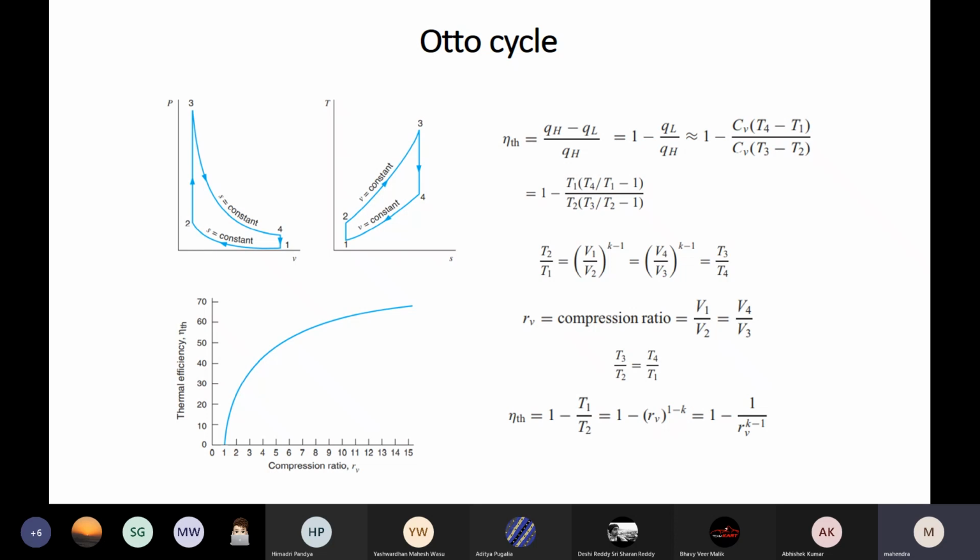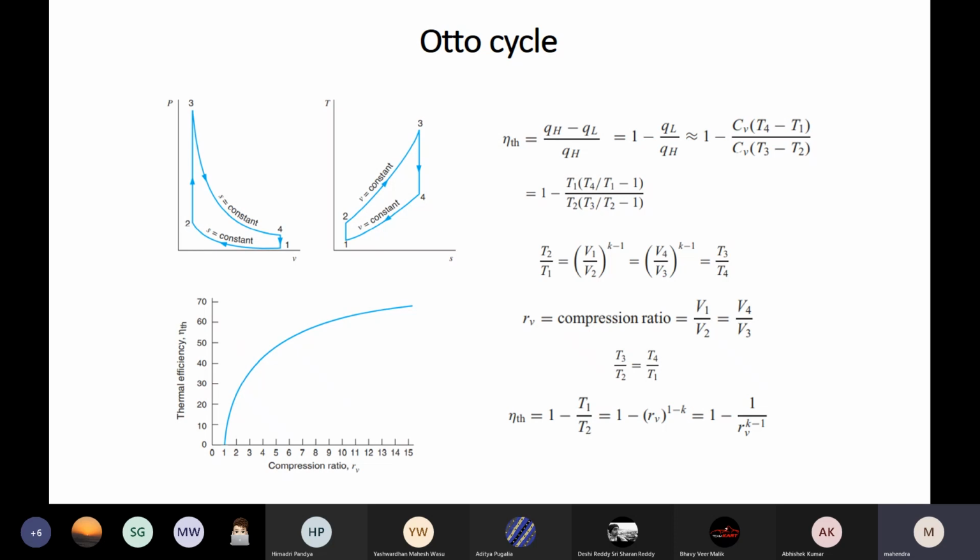To sustain such high pressure, your cylinder and all the parts have to be manufactured with sufficient strength. So when going to more pressure ratios but the efficiency increment is very minimal, we need not go further.